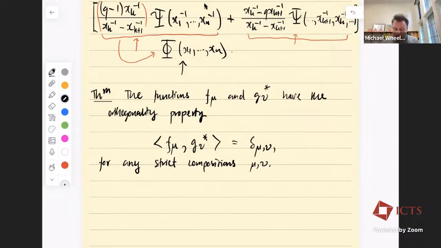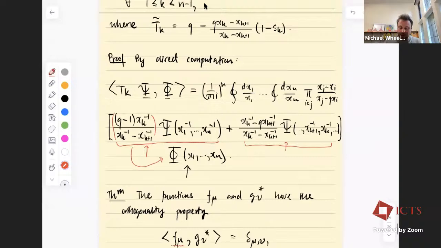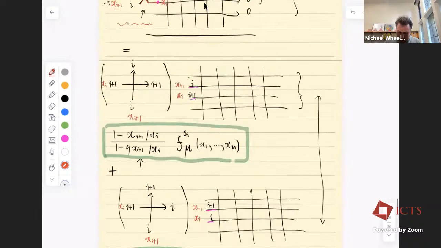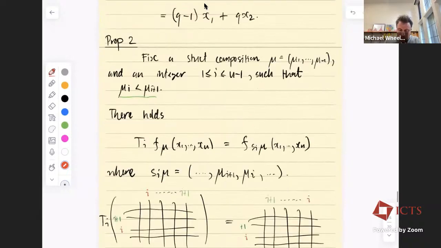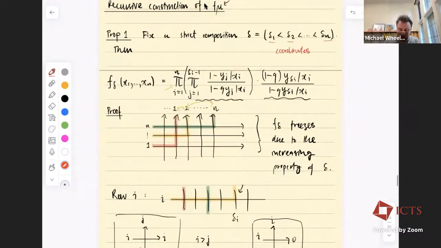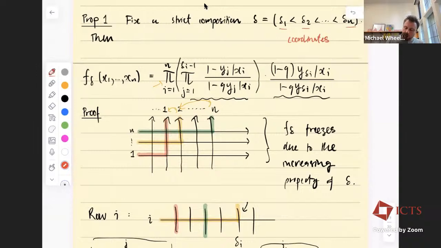So the first thing is that one can see, at least from the explicit formula that we had for f previously, the emergence of the poles that will play a role. Maybe let's just return to that briefly. That's here. So this is an explicit evaluation of f when you have an ordered composition.